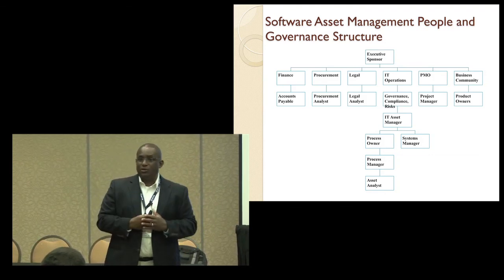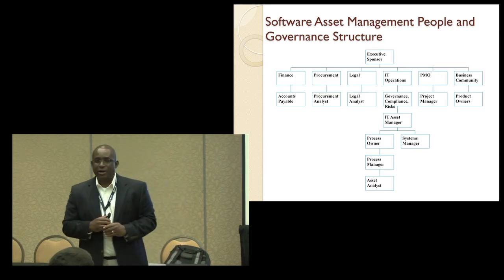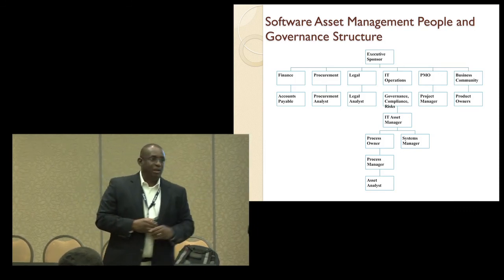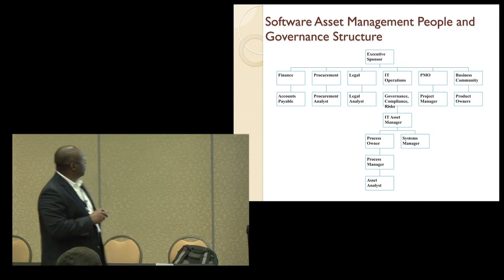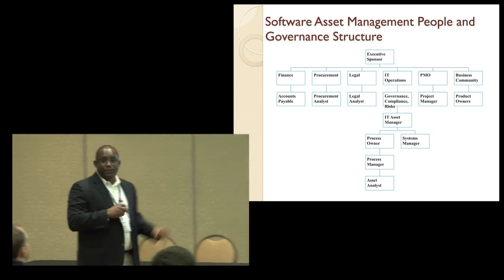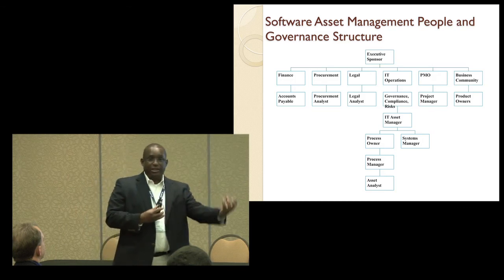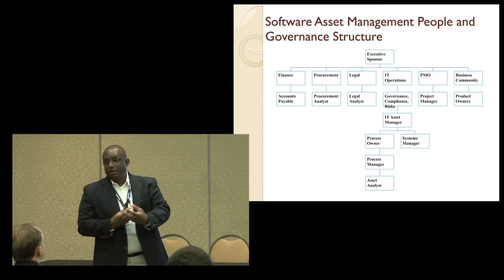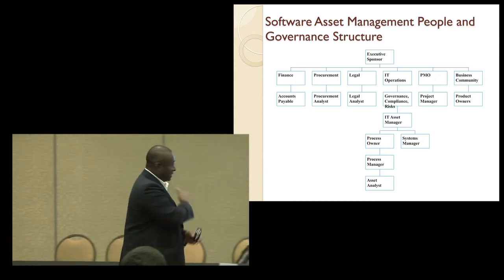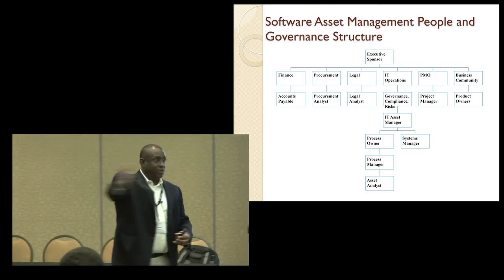We've laid out what the scope is. We've identified what we're trying to achieve. Can you get on board with this? And so everyone clearly has a view and a vision of what this organization will look like to deliver this new process. All right? Because software asset management's impact is across the organization.